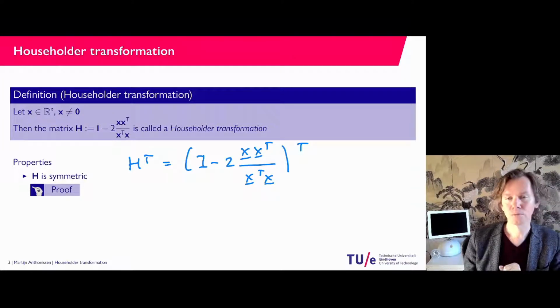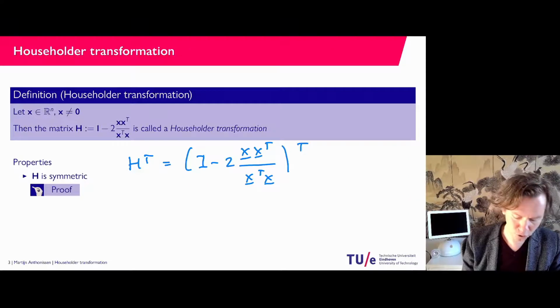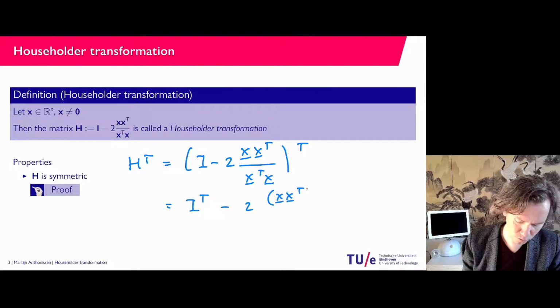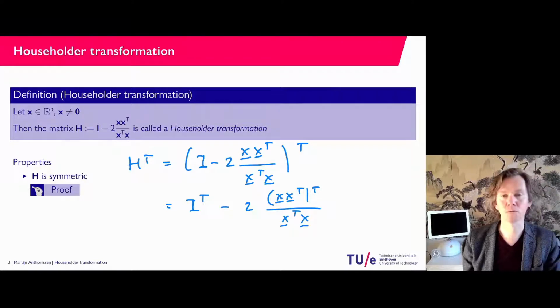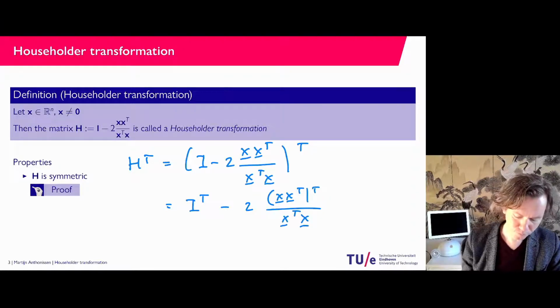You can move the transpose to the individual terms. So we have identity transpose, which is just the identity, minus 2, and the denominator is just a number, so the transpose doesn't influence that.